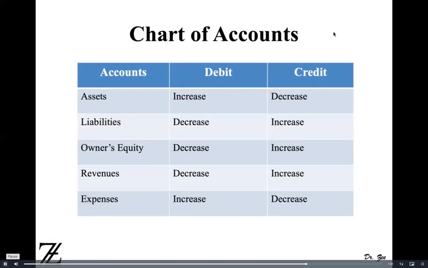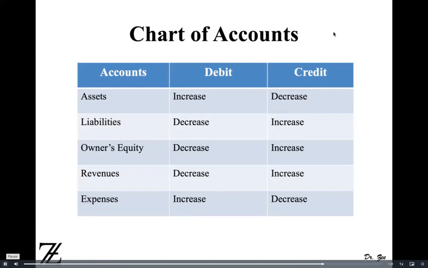Same thing if we have any other payable, like rent payable. If we didn't pay rent, then we have a payable that increases our liability, and when liabilities increase, we are going to credit. And when they decrease, when we pay off the rent, then the liabilities decrease, and we're going to debit at that time.